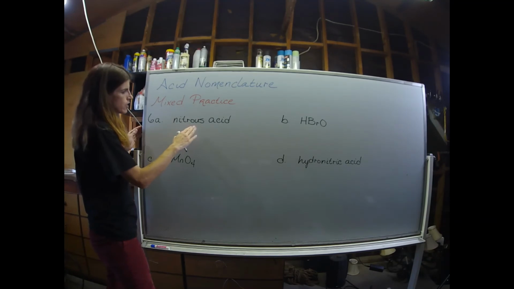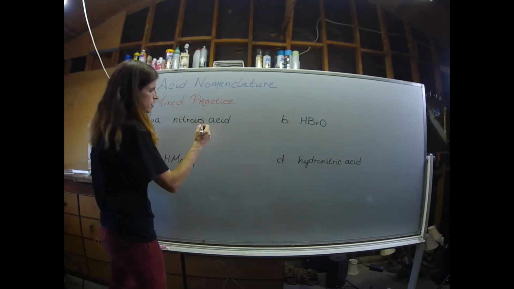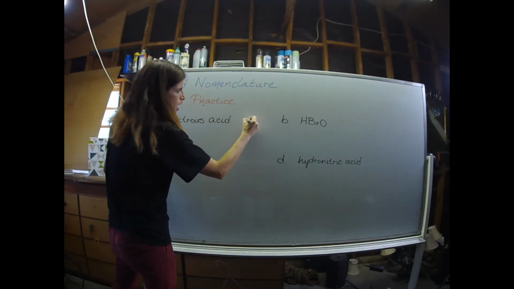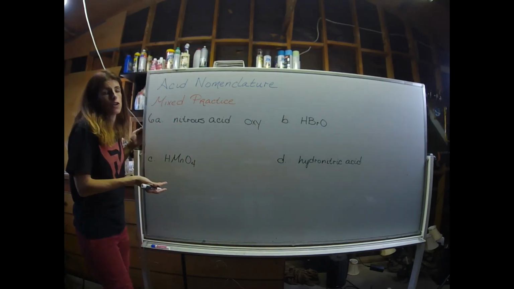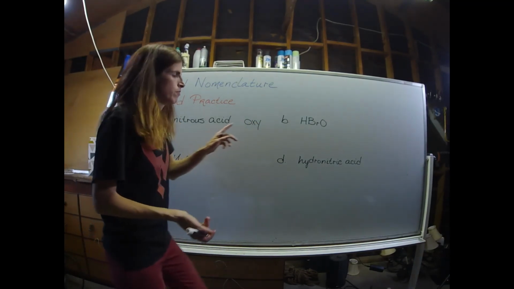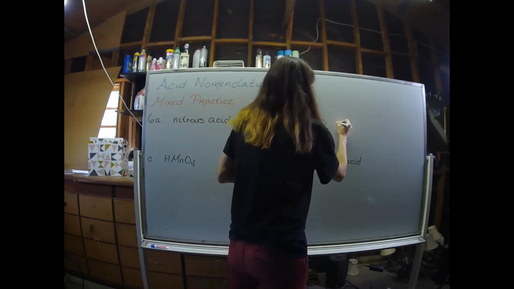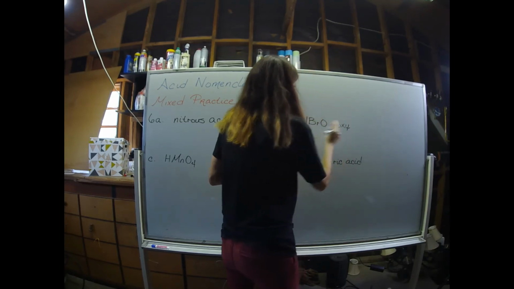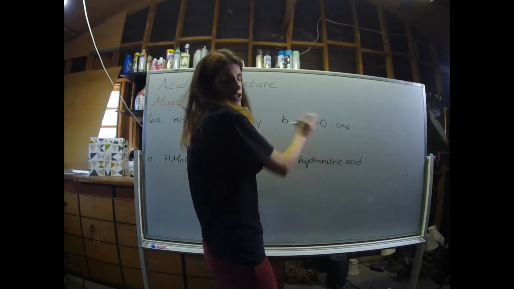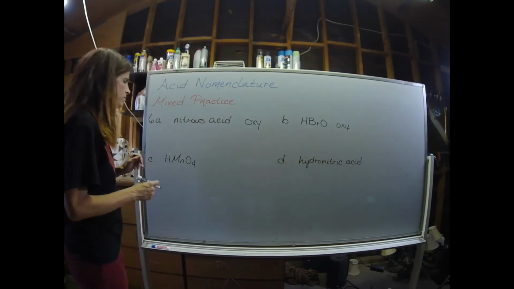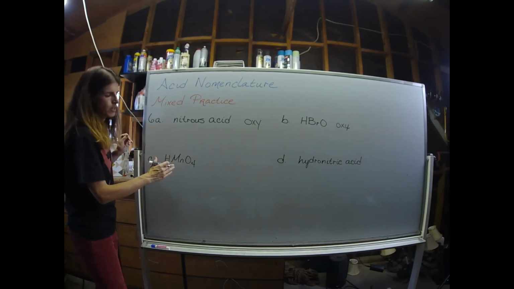So the first example, nitrous acid, this is going to be an oxyacid because it doesn't have the word hydro out front. This formula right here, definitely an oxyacid because we have bromine and oxygen in the formula. Similar rationale over here.